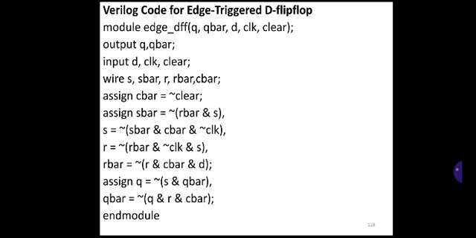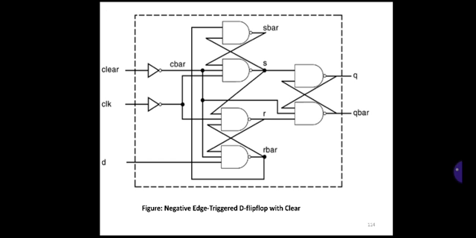Assign C bar, the output, is equal to not of clear. So this is how we are going to write the statement using the assign statement. So C bar is equal to not of clear. So clear is the input, it will be complemented and assigned to the output.